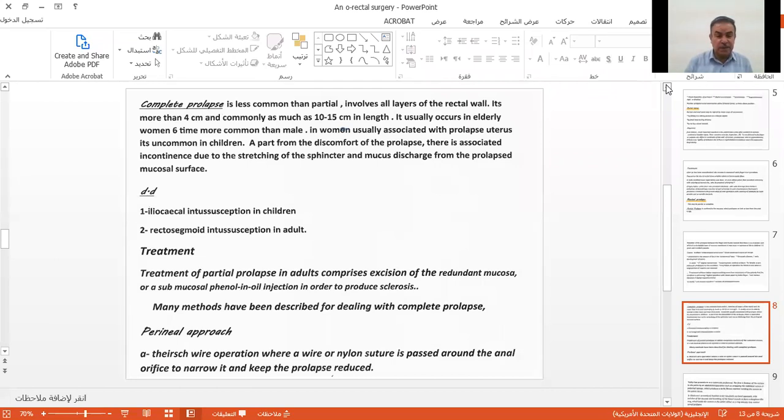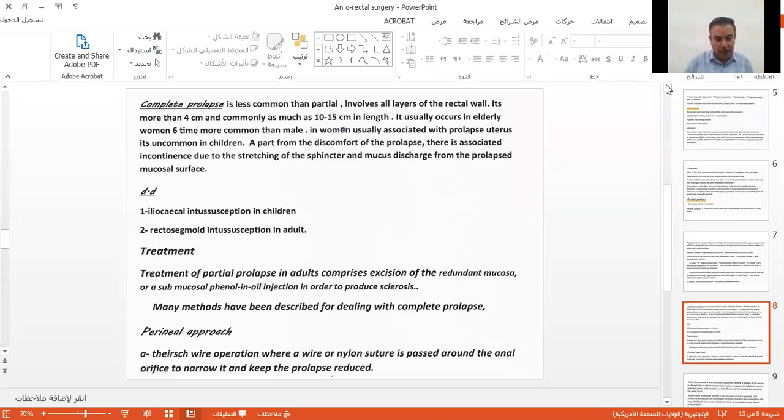The treatment of partial prolapse in adults comprises excision of the redundant mucosa, or submucosal injection of phenol in almond oil in order to produce sclerosis. Many methods have been described for dealing with complete prolapse, including the perineal approach.